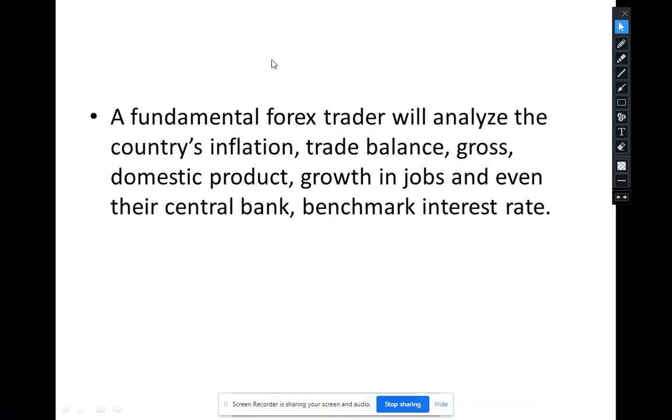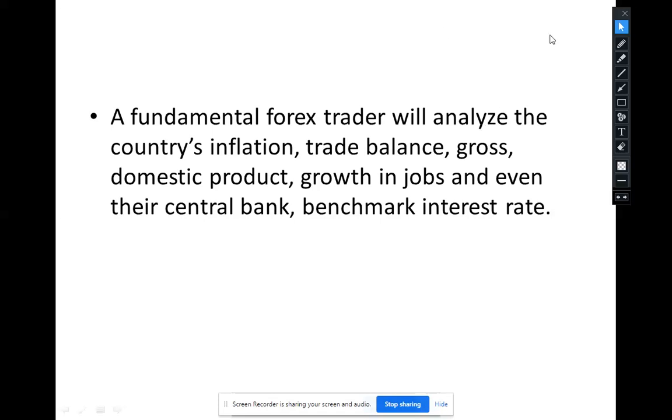Let's continue. A fundamental forex trader will analyze the country inflation, the trade balance, the gross domestic product, that is GDP, the growth in jobs, and even their central bank benchmark interest rates.